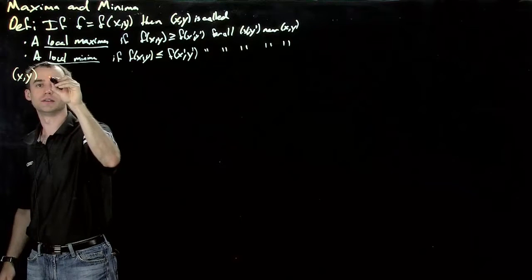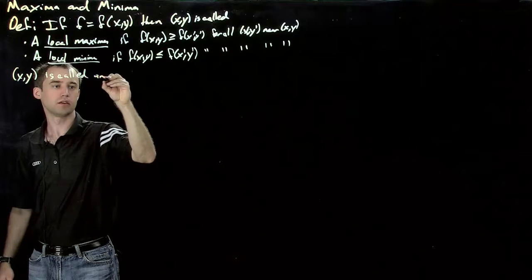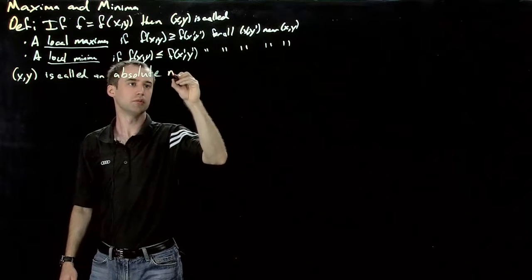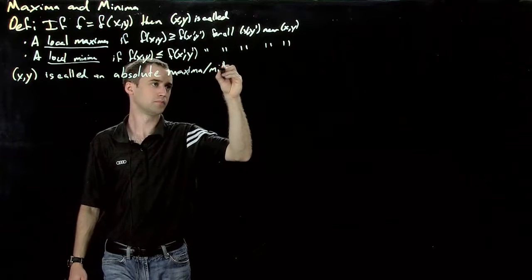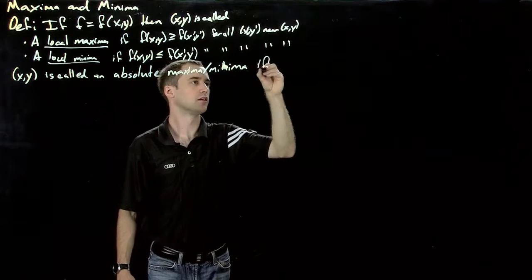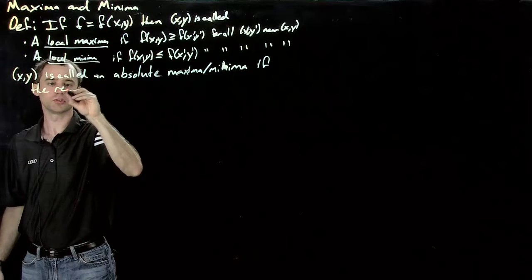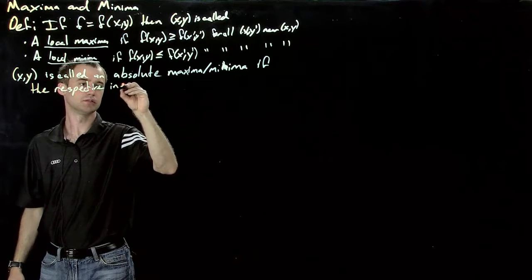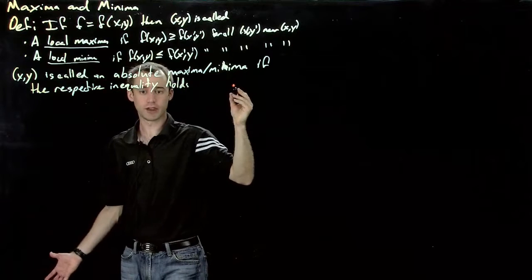So (x,y) is called an absolute maxima or minima if the respective inequality holds for the whole domain of f.